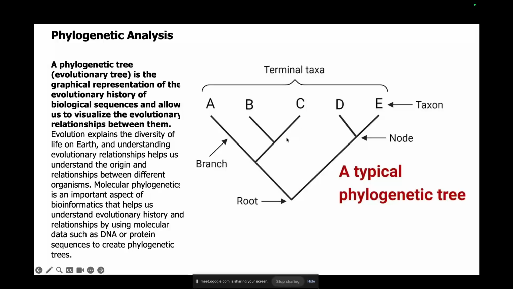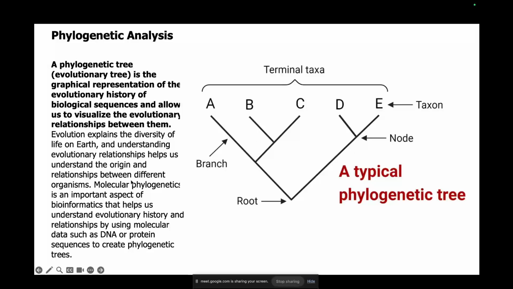The length of this branch is proportional to the evolutionary distance between them. So in this case, I think D and E are closer than B and C, if I'm not wrong. But this is just a visual interpretation that I'm making. The idea is that the branch length would be given, and you can calculate the divergence between any two individuals or proteins using the length of the branch between them.